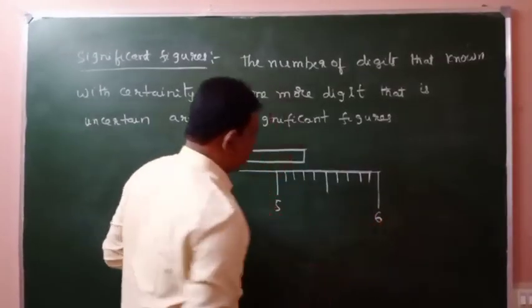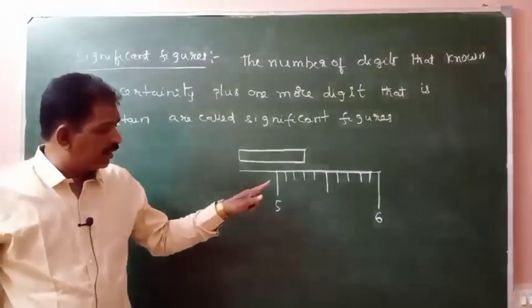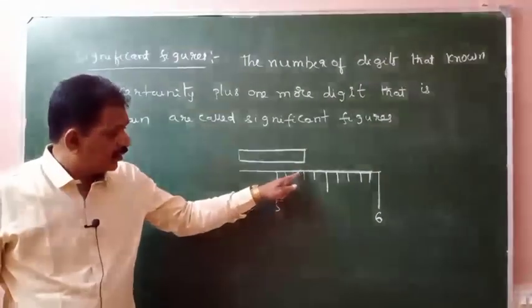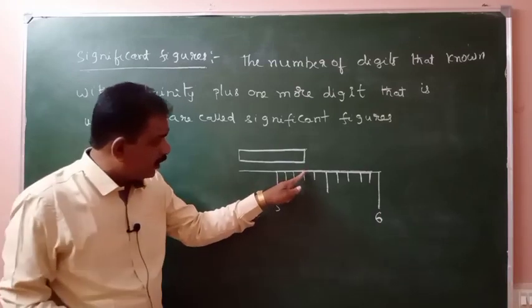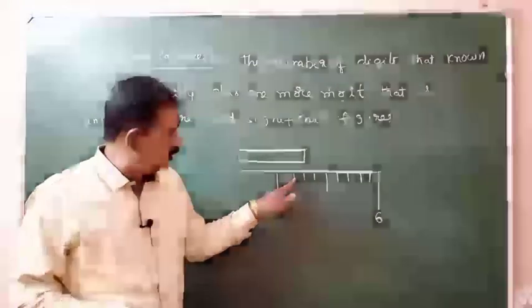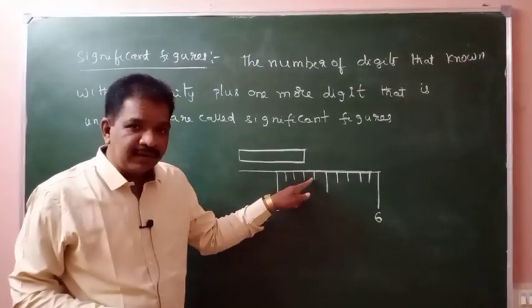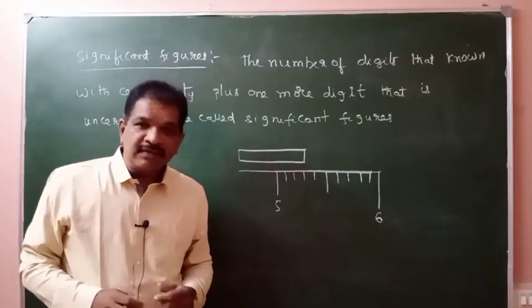This will be 6. Then what we can say is, its length is a little bit more than 5.3. This is 5.1, 5.2, 5.3. It is a little bit more than 5.3, but not crossing 5.4.